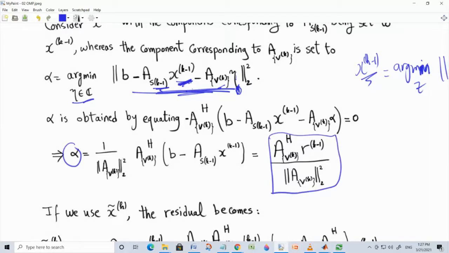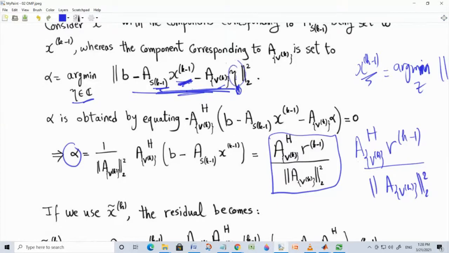It's the inner product of the new column, which has an index v superscript k, with r_{k-1}, scaled by the L2 norm squared of this vector, and this will be your optimal guy.